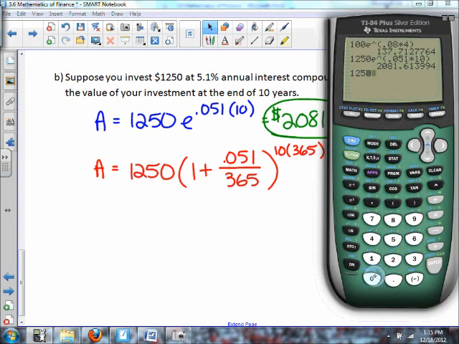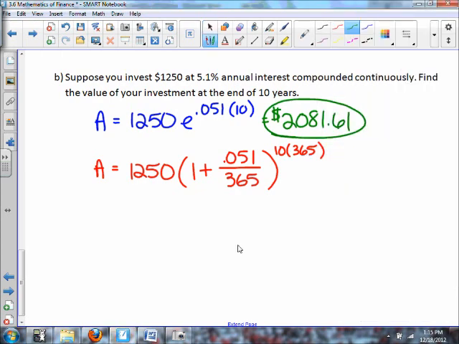So 1,250 times (1 plus 0.051 divided by 365) carried to the 3650 power. That gives 2,081.54.